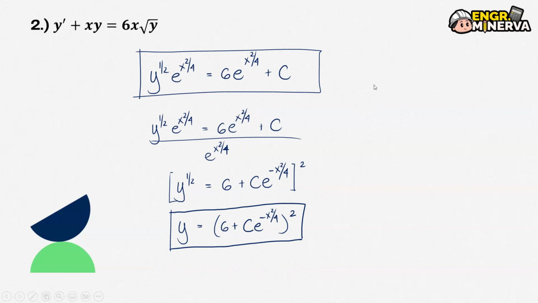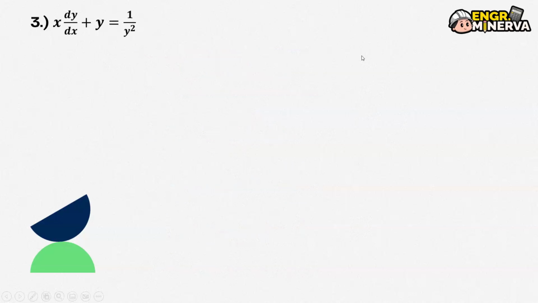Okay. Next, we proceed to our next example. That would be x, derivative of y with respect to x, plus y equals 1 over y squared. So again, let's convert it to our form. This would now be y raised to negative 2. Divide the whole equation by x.